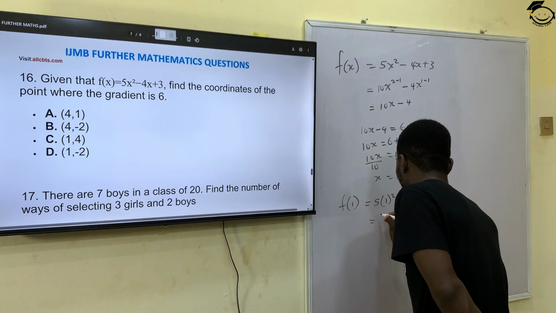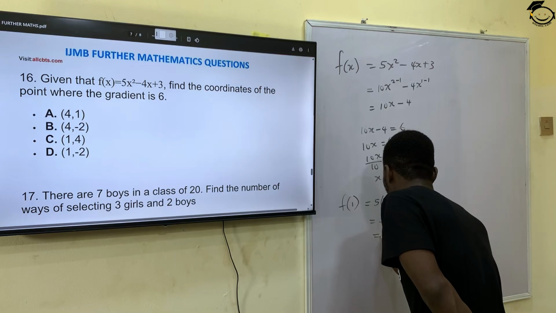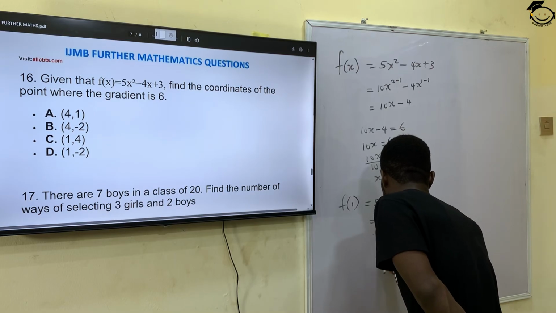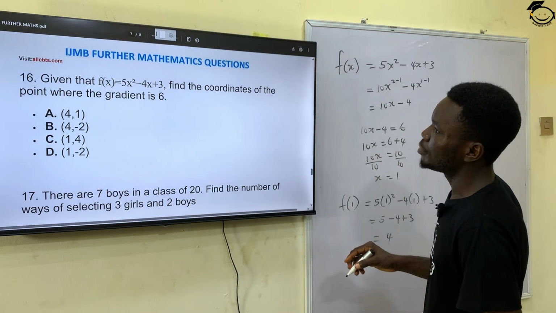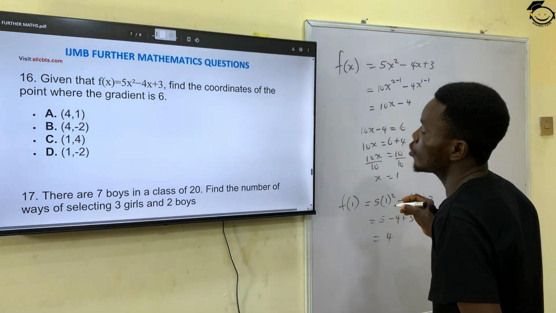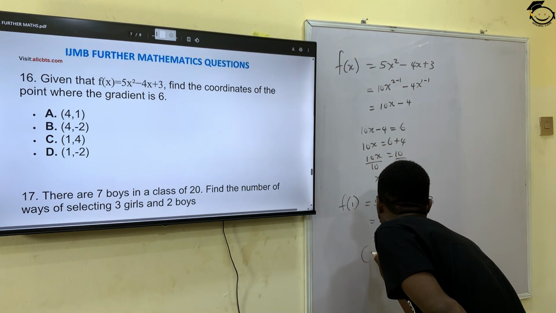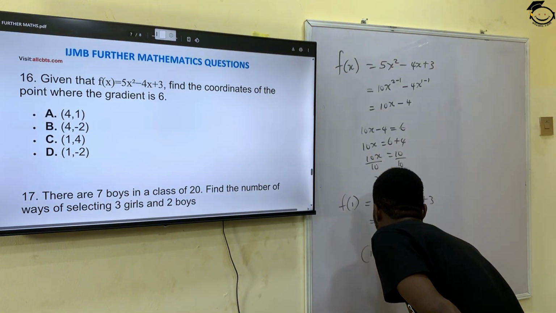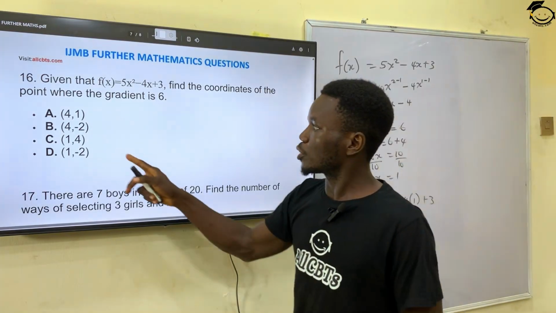So this will give me 5 minus 4 plus 3, and that will give me 4. So it means that this function has the coordinates 1, 4. So our coordinate here is 1, 4, which is option C.